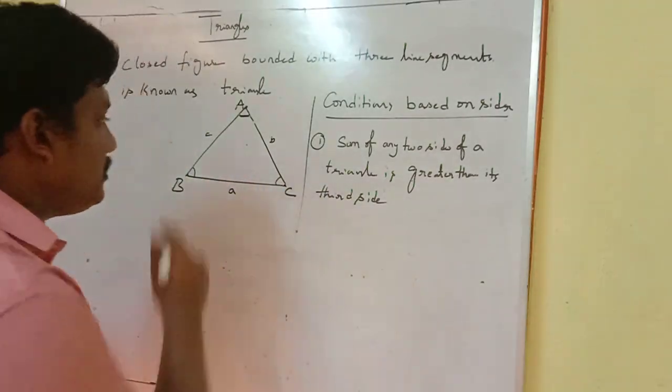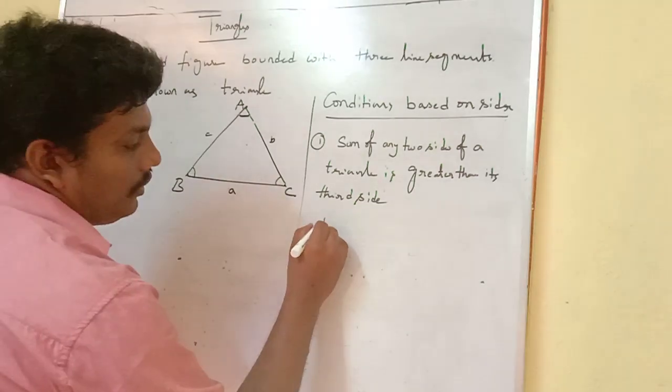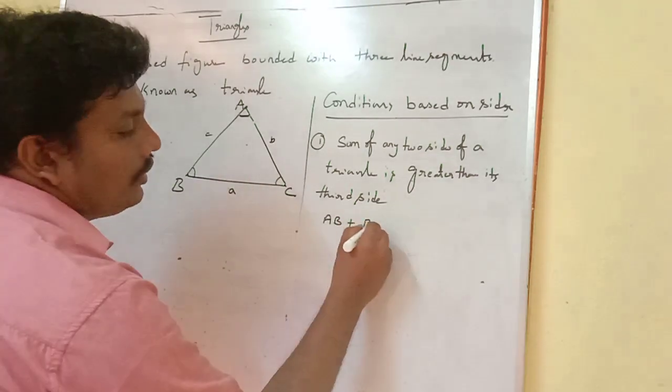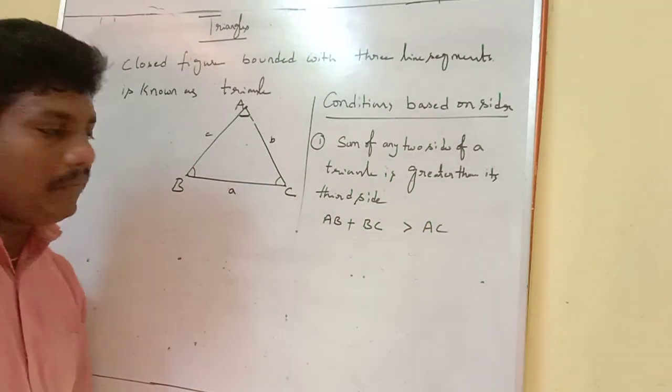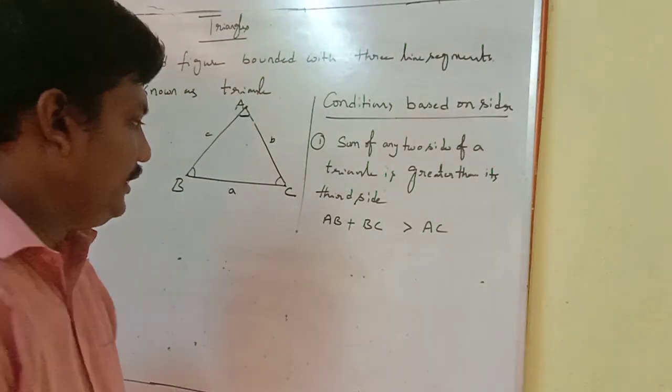Let me consider the sides: AB plus BC is greater than AC. This is the condition.